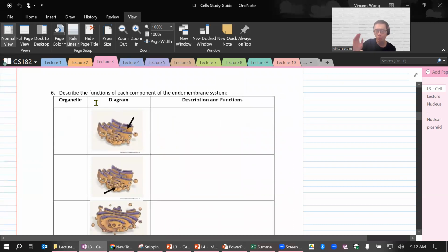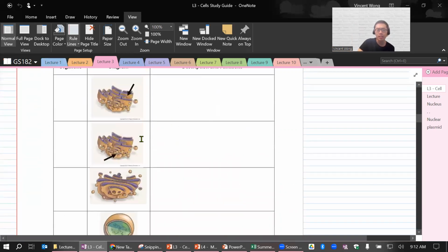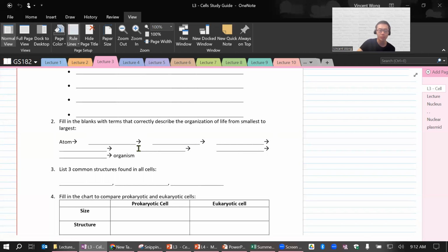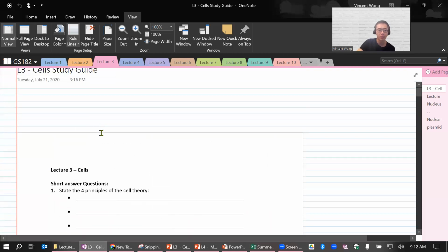But what's really important, hopefully, after doing the first quiz, is that you do these study guides. Fill it in yourself. I post the answers as well, and you can check your work against that. You can use these as references or as a guide to help you progress through your evaluation, your quizzes.